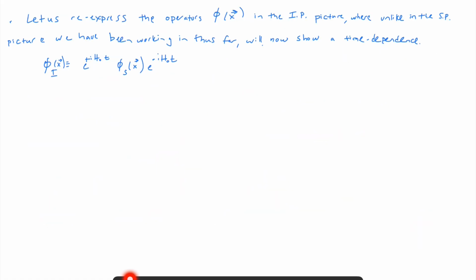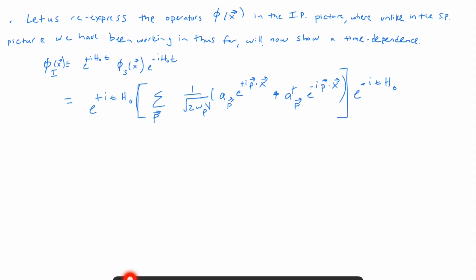Now, let's re-express the operators phi of x in the interaction picture, where, unlike in the Schrödinger picture we've been working in thus far, we will now show a time dependence. These things never showed a time dependence. This is the formula I was talking about, and let's use it in terms of our famous A and A daggers that we talked a lot about.